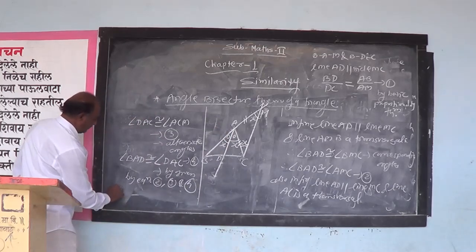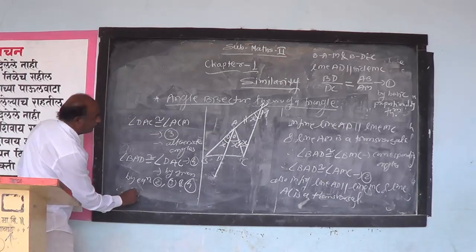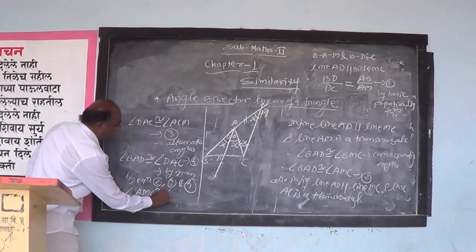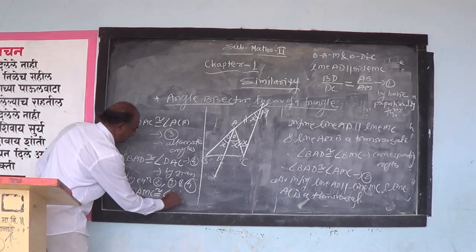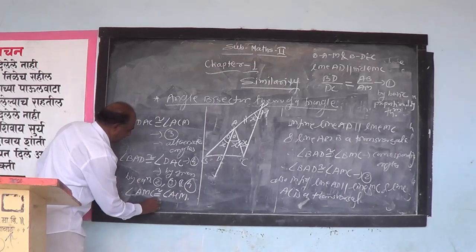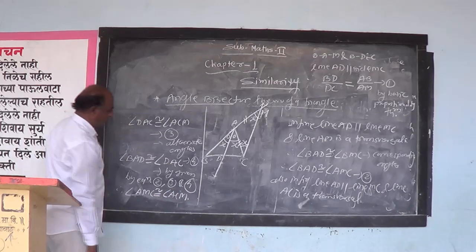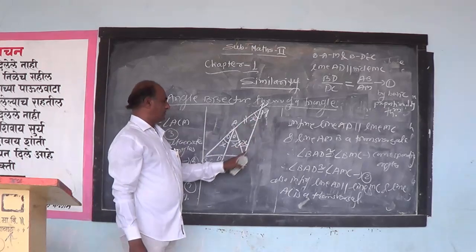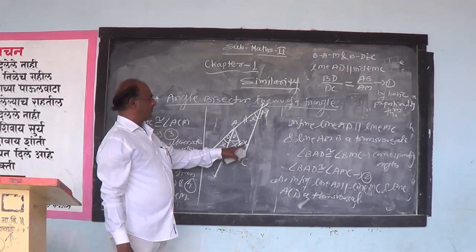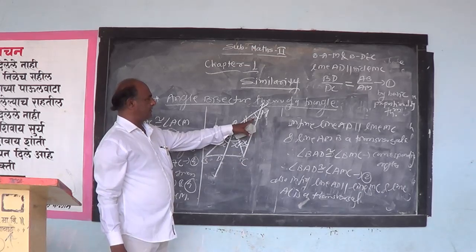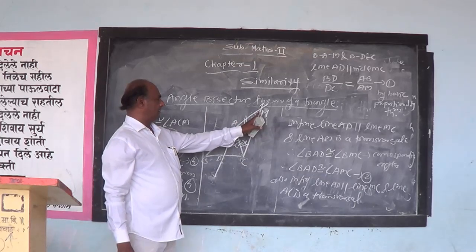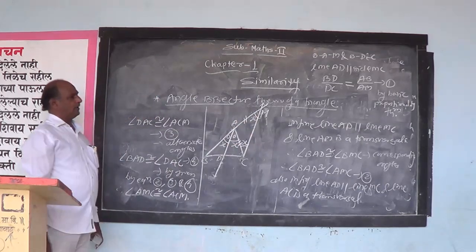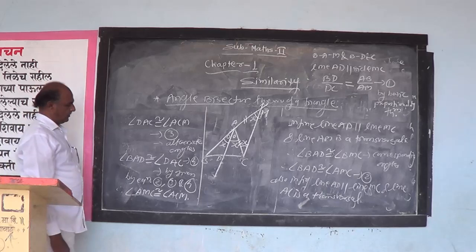Therefore, angle AMC is congruent to angle ACM. And then, when these two angles are congruent, in triangle AMC these two angles are the base angles of that triangle, and the opposite sides of those two congruent angles are also congruent.